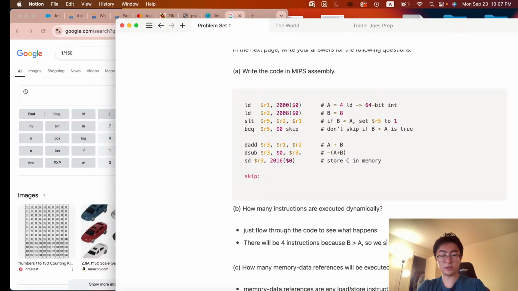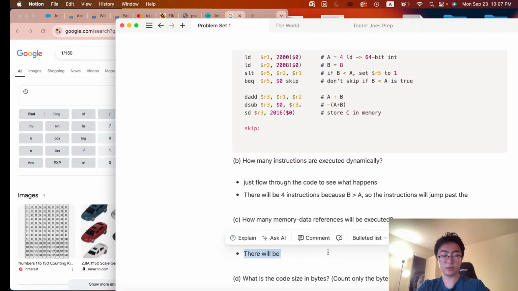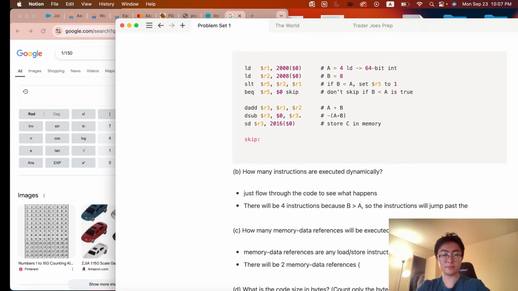So the instructions will jump past the executed. Memory data references, just the 2 LD instructions.